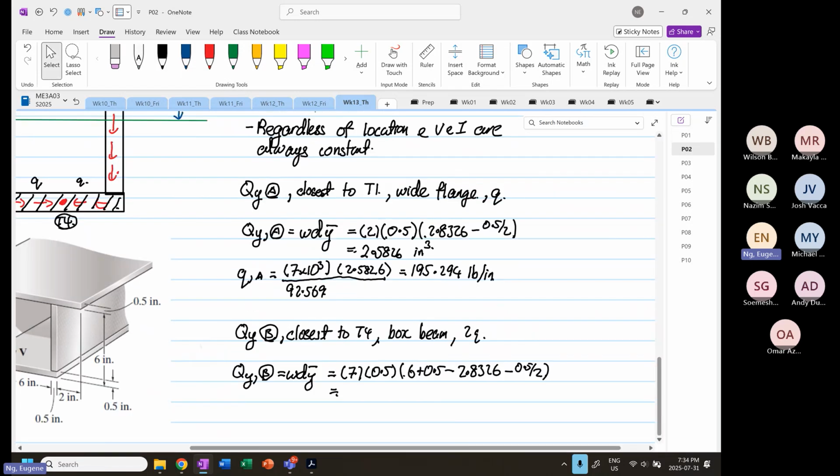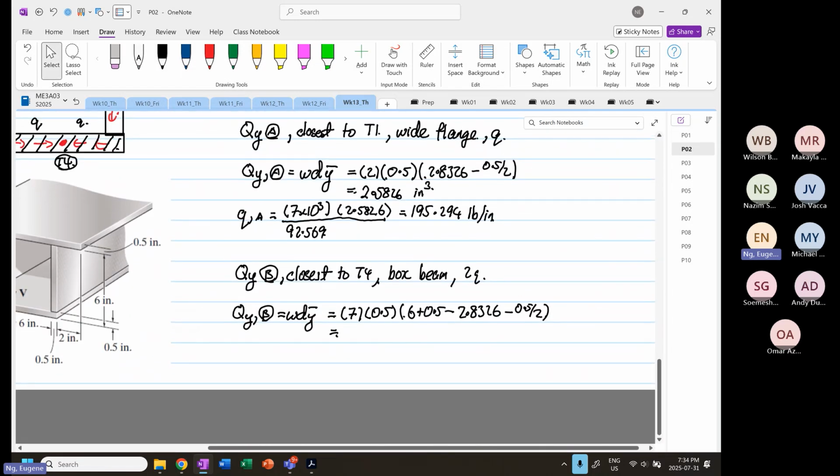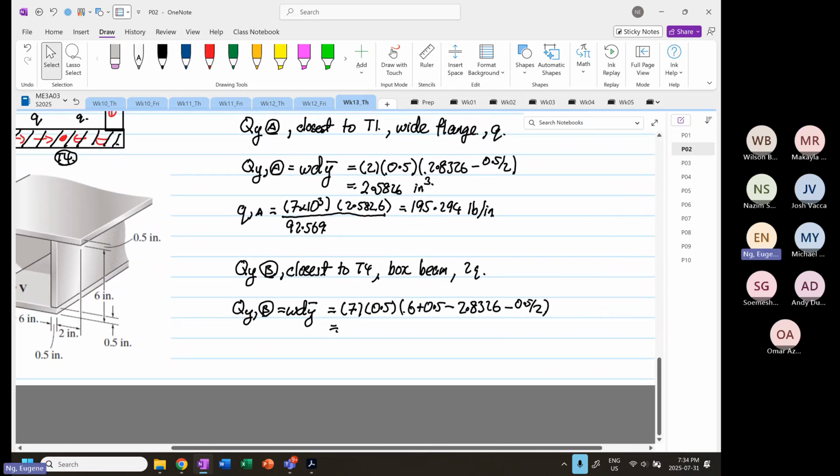I don't get the same answer. 6 plus 0.5 minus 2.8326 minus 0.5 divided by 2, times 0.5 times 7. You get 11.9609, but the solution has 11.9483. So my first moment of area is not the same.